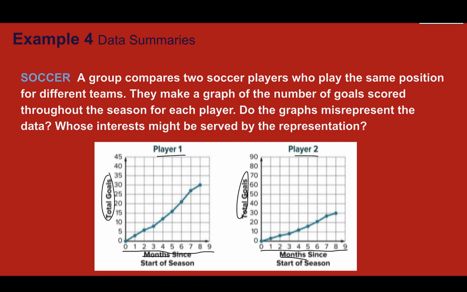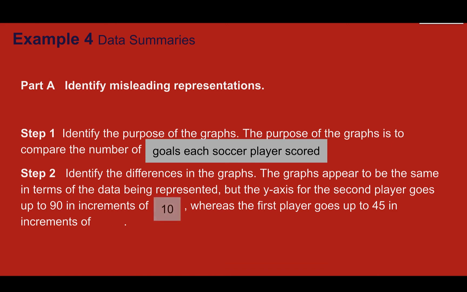Our difference, and our main difference here, is the scale. If you look at player 1, it counts up by 5s. Whereas if you look at the scale for player 2, what is it counting up by? 10s. Now, you might not think that would be important, but it is a difference.